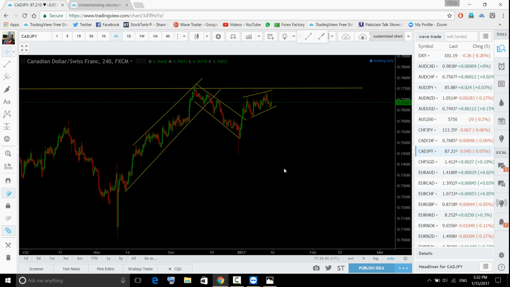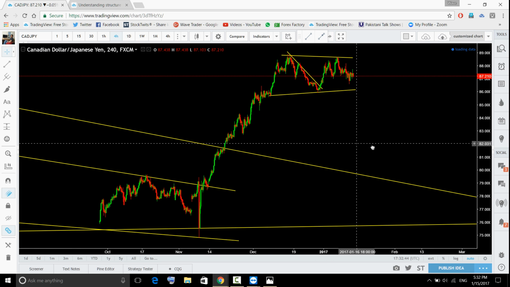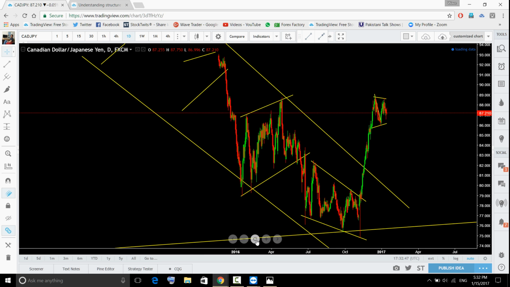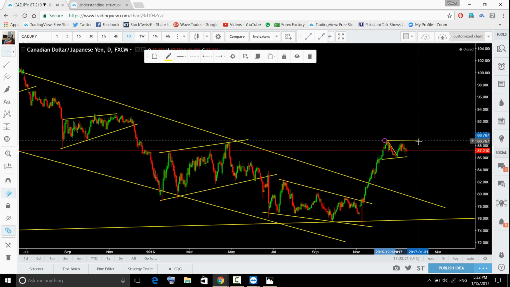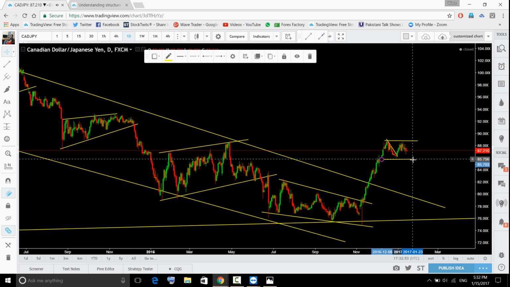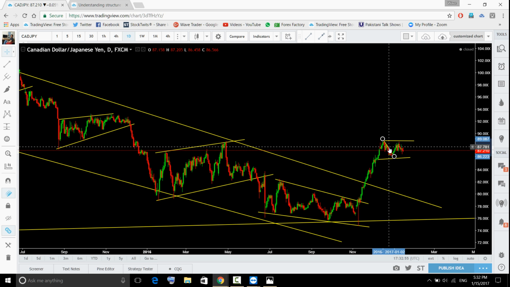The Canadian dollar is not ready at the moment. It is just forming a trend continuation pattern. Once the indication is neutral, we are experiencing the same kind of pattern on all yen pairs.